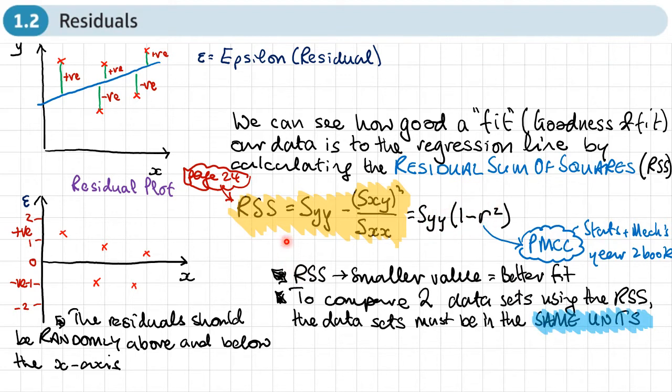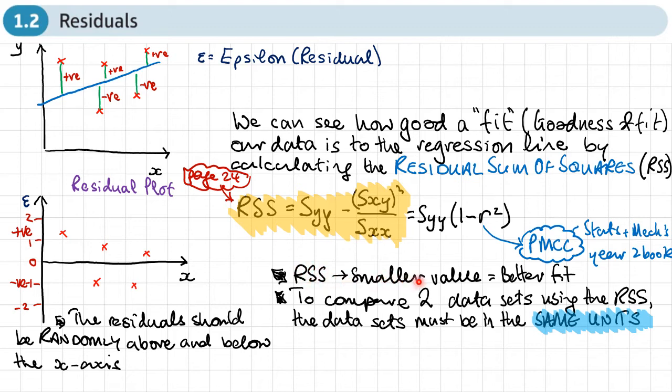Now a couple of things about the RSS. Firstly, a smaller value means a better fit. And if we want to compare two data sets using the RSS, then the data sets must be in the same units. So if we've got two data sets using the same units and we calculate the RSS for both, we could then decide which one of those two data sets is a better fit by looking for the smaller RSS value.